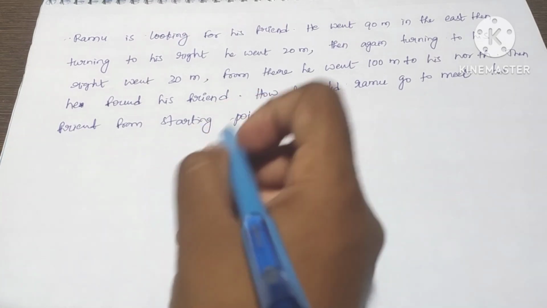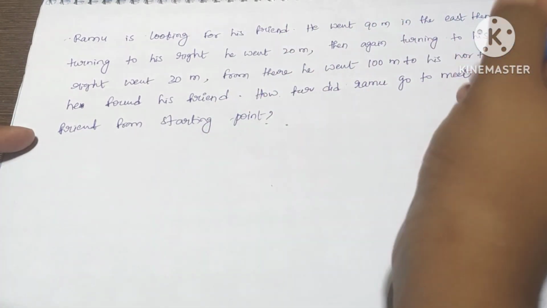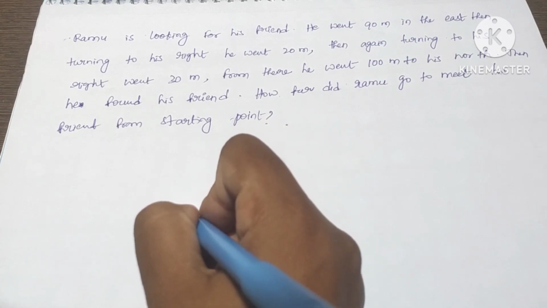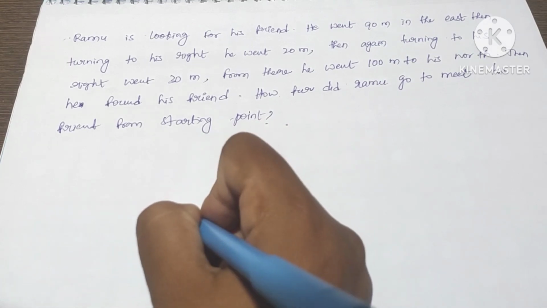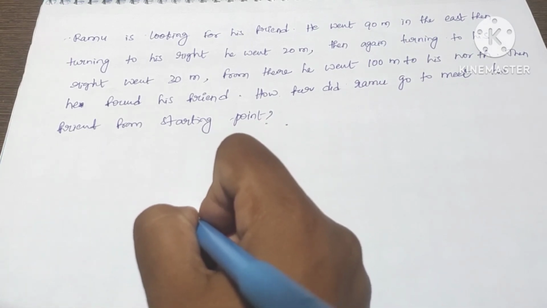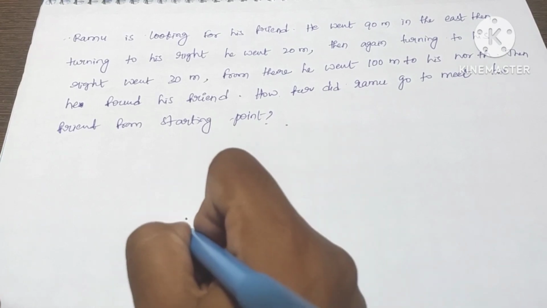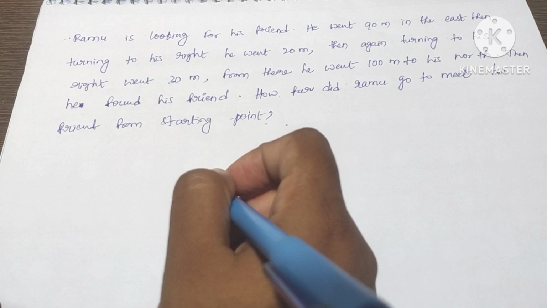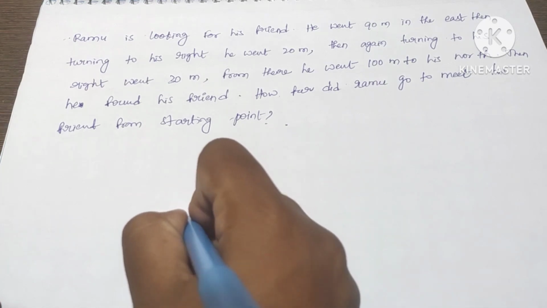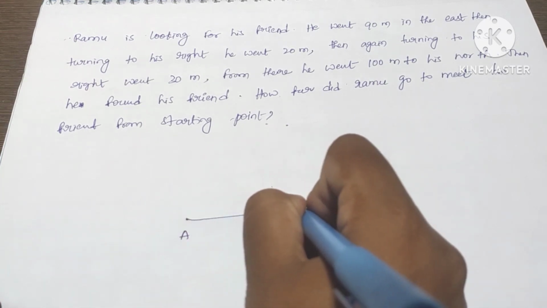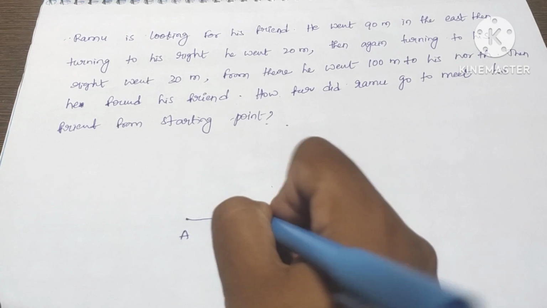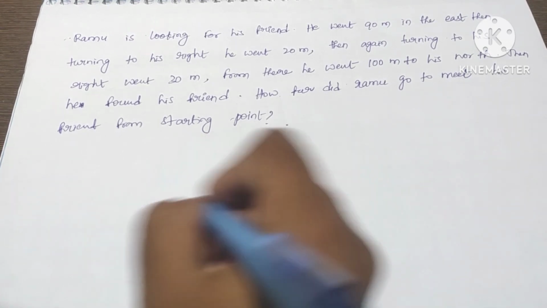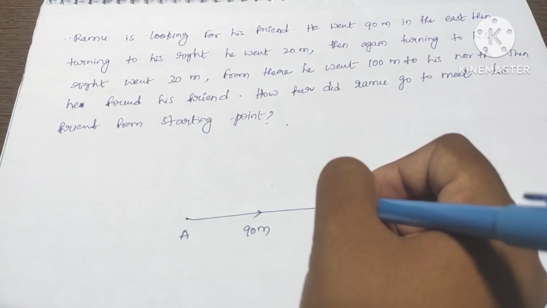Ramu is looking for his friend. He went 90 meters in the east. Take the starting point here. We have to go east for 90 meters. This distance is 90 meters.